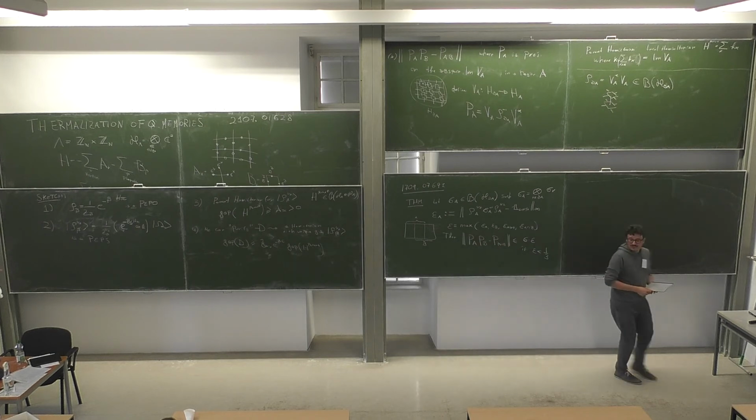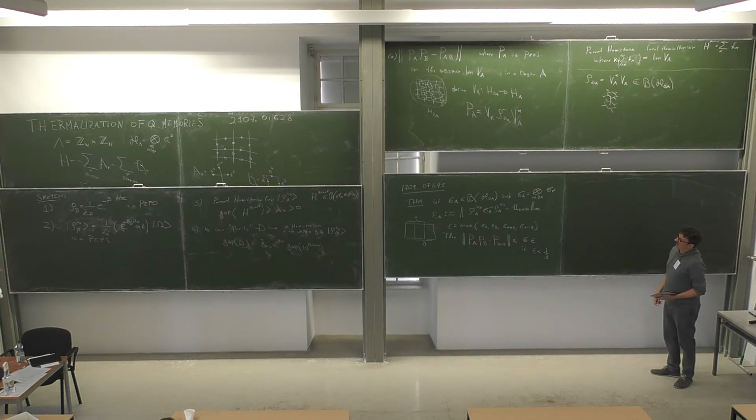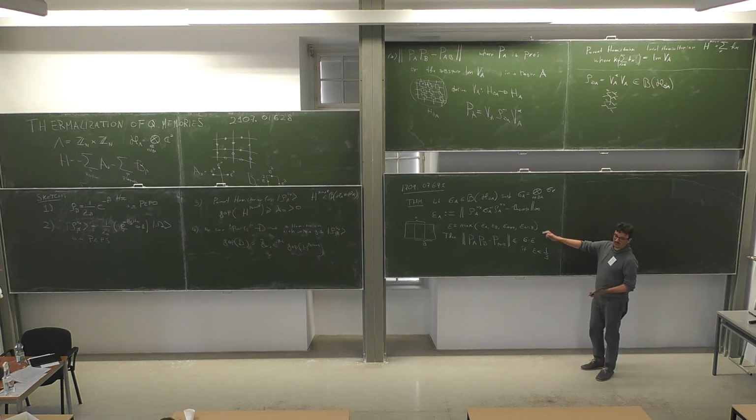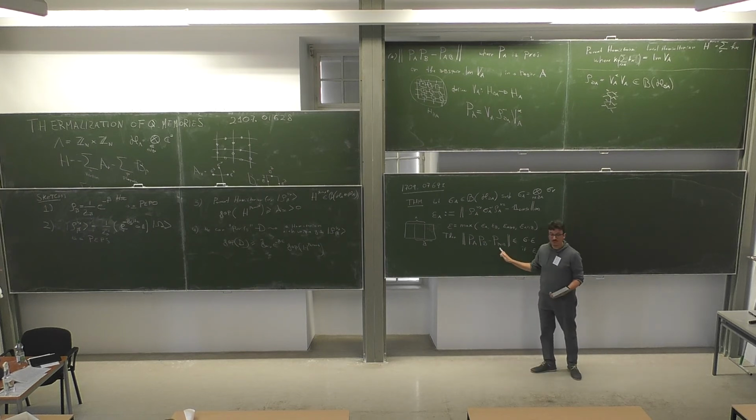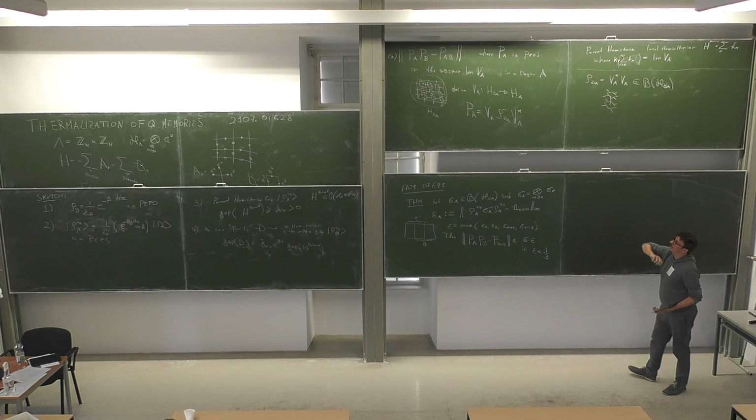So if you want to have a sanity check of this condition, you could ask, what happens if epsilon is 0? Like, what if rho is exactly a product? Then this theorem is saying that these projections should be commuting, and in fact, this is something which is reasonably easy to see from the tensor network representation, that it follows that projections are commuting.